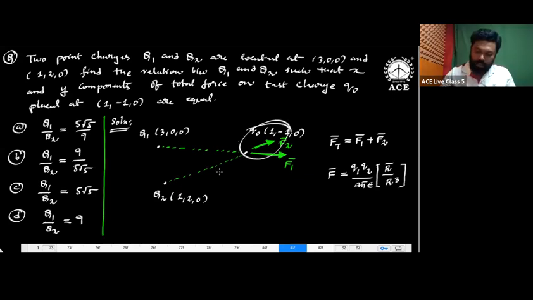This point minus this point: 1 minus 1 is 0, minus 1 minus 2 is minus 3, so minus 3 y cap divided by its magnitude 3 cube.